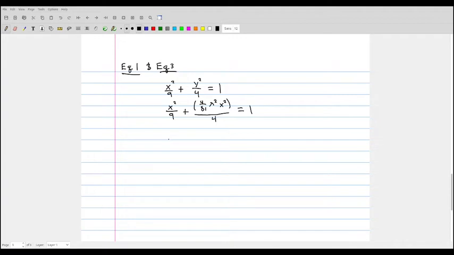And I can also factor out an x squared over 9 times 1 plus lambda squared over 9 is equal to 1, or x squared over 9 is equal to 1 over 1 plus lambda squared over 9.